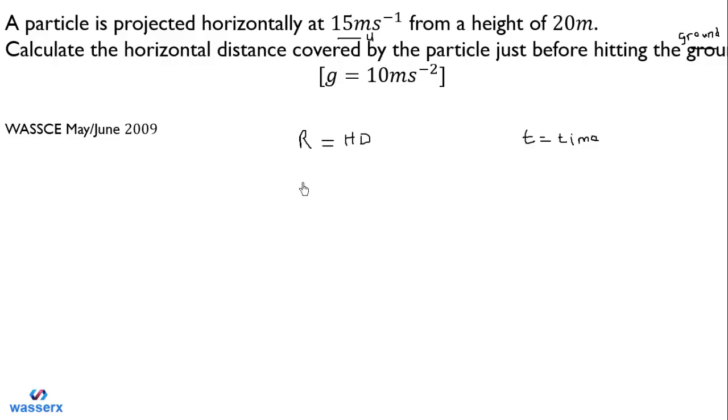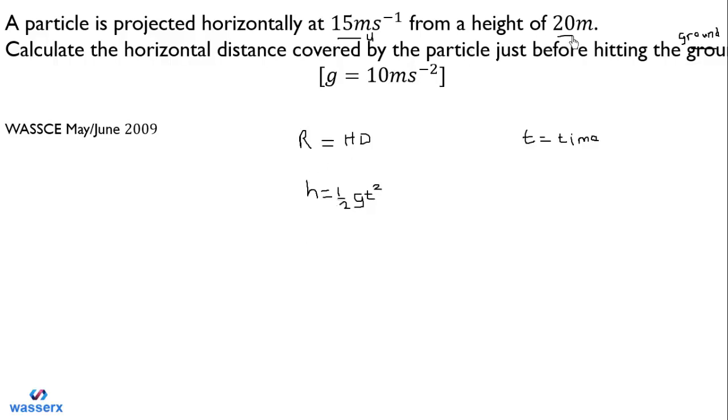Now we know the height is given by half gt squared. So we can use this relation to determine the time that it took the particle. So we fix in the values.